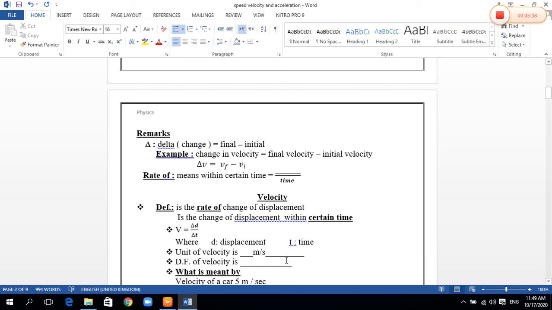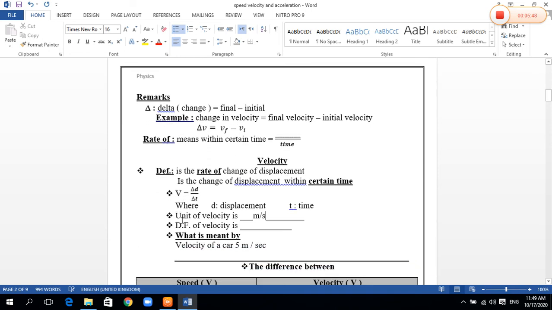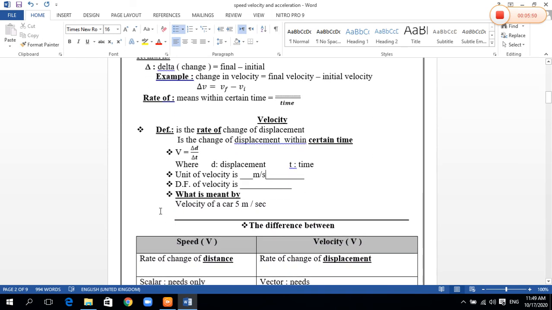And the definition of velocity from here is the rate of change of displacement, and we studied displacement before. Okay, what is meant by the velocity of a car of 5 meters per second? This means that the car makes a displacement of 5 meters each 1 second.